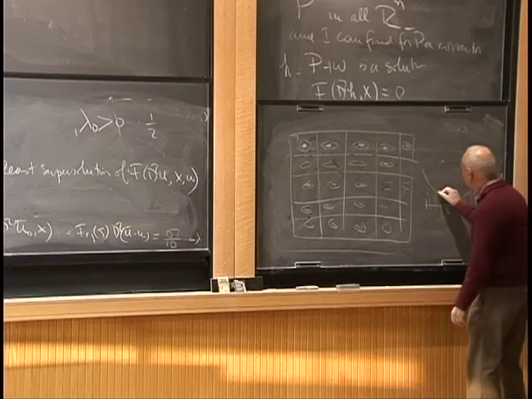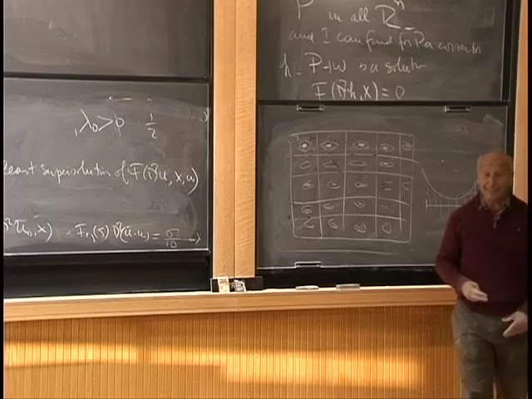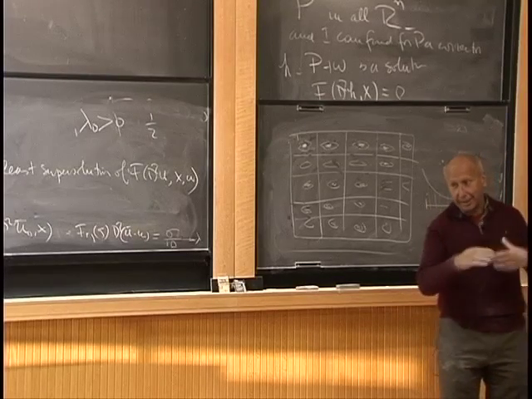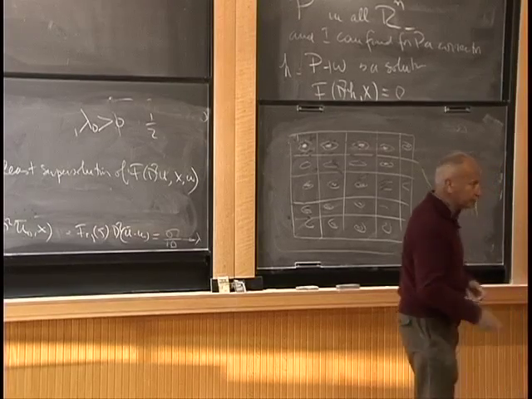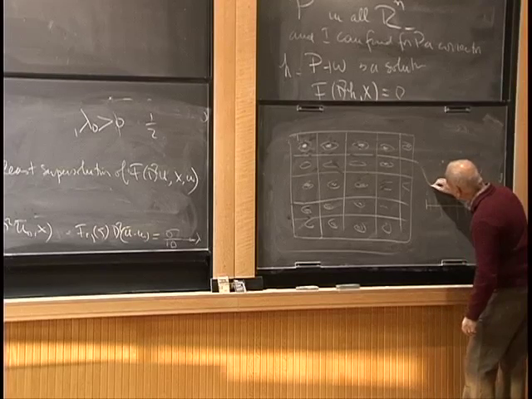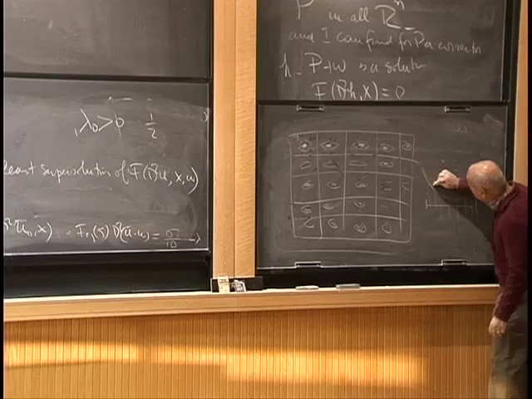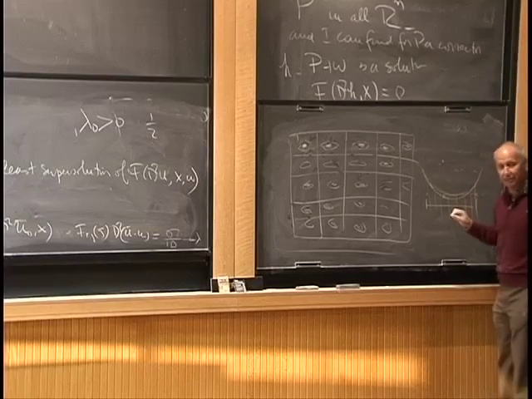And remember I said, and I never proved it, that the obstacle separates nicely, in fact Hölder continuously, but separates quadratically from the solution. So since the solution of the obstacle problem touches the polynomial in so many places, it sort of sticks to the polynomial. It's getting closer and closer to the polynomial.